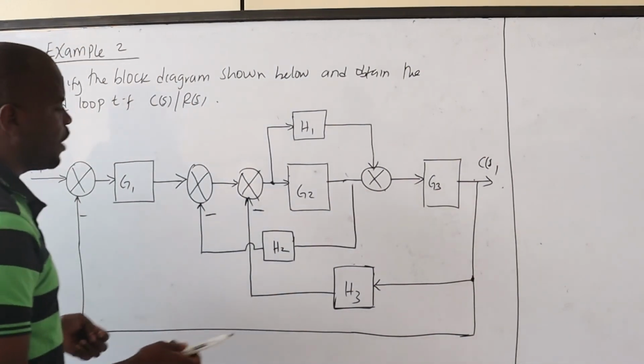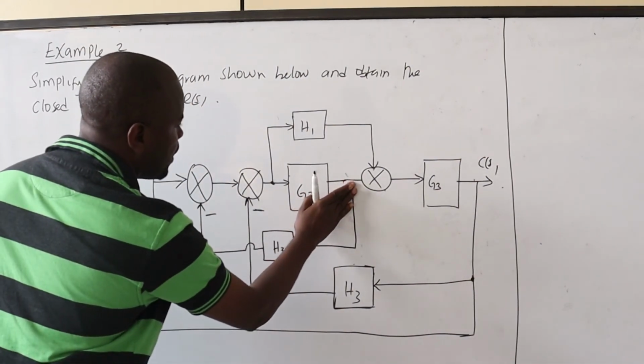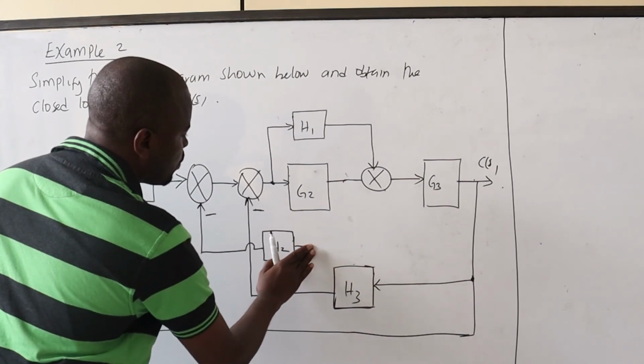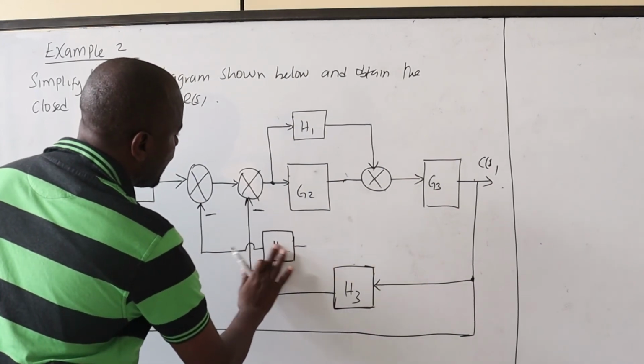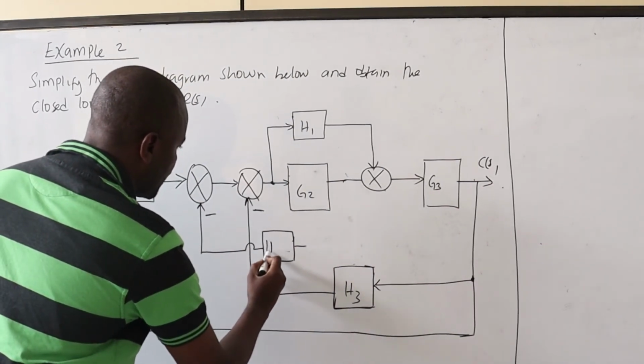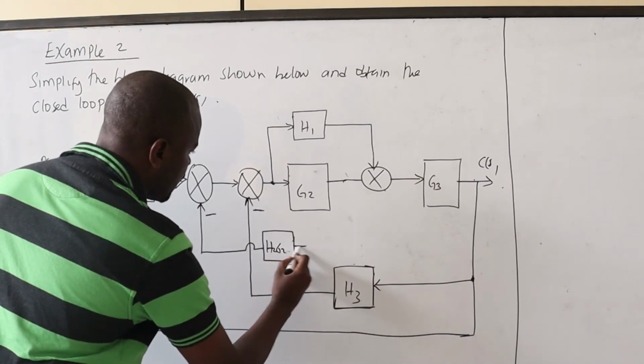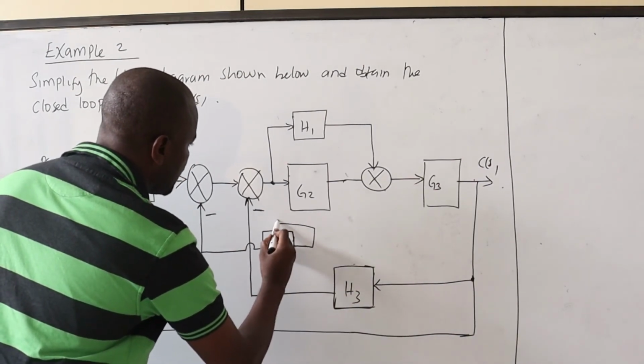If we do that, our block diagram will become this. We are going to have H2 multiplied by G2, and the block diagram will now be in that manner.